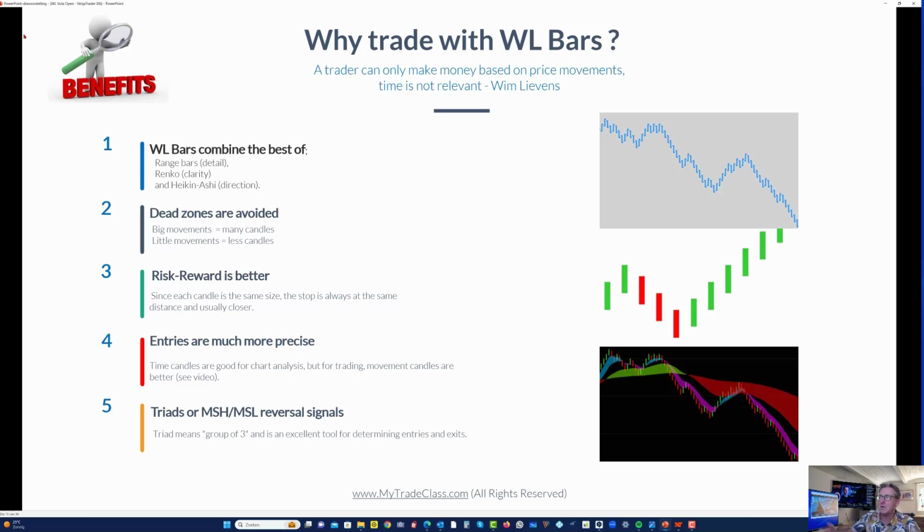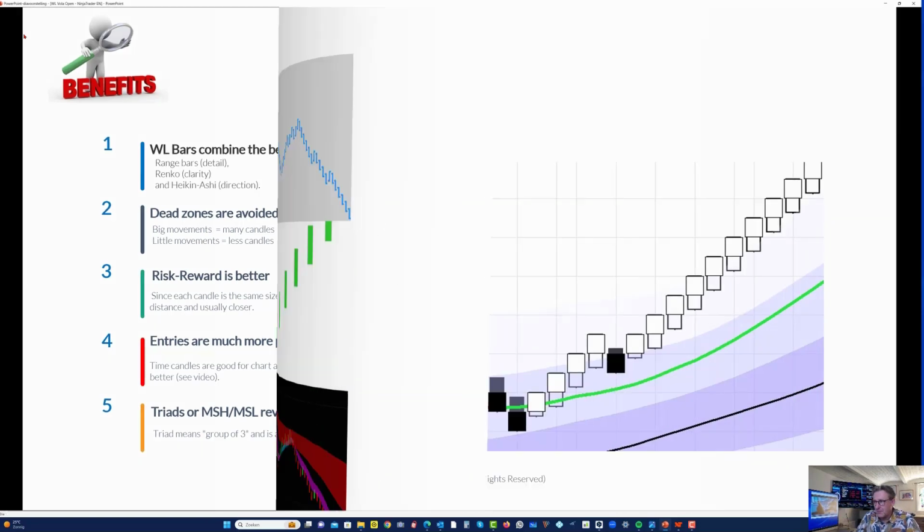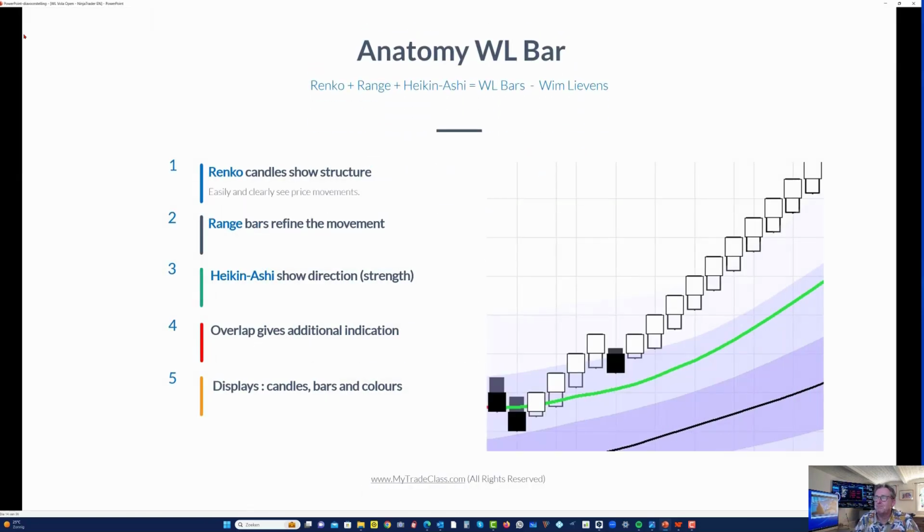Here on the right you just see visual presentations of the WL bars. You can use them in one color, different colors. You can have the bars, you can have the candles, you can have different ways. Now, the anatomy. I'm not going to give you the coding of the bar, of course, but I just want to give you a little taste.